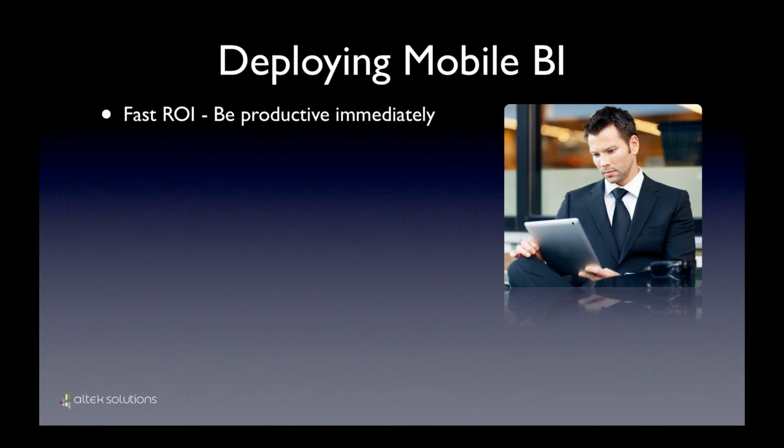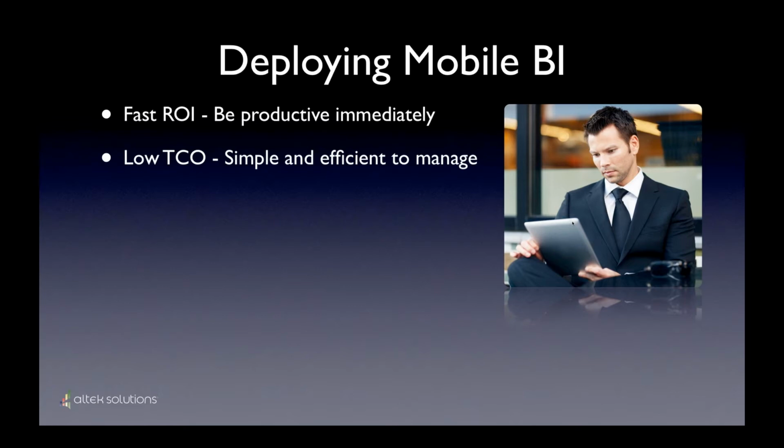When deploying SAP BusinessObjects Mobile BI, you'll enjoy a fast return on investment, which we'll see today. You can be productive immediately and rapidly deploy useful content to your mobile users. Mobile BI also offers a low total cost of ownership. By design, you can use the same administration and development tools that you're already accustomed to, making it simple and efficient to manage.